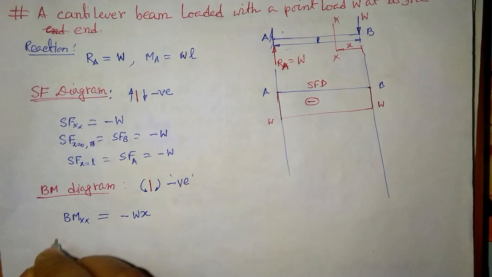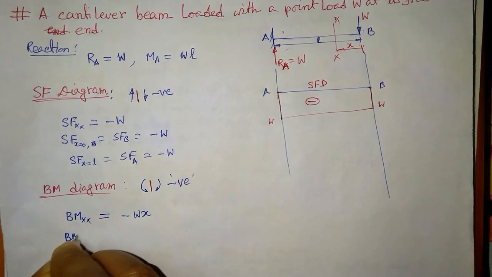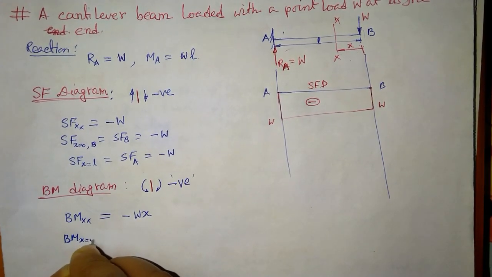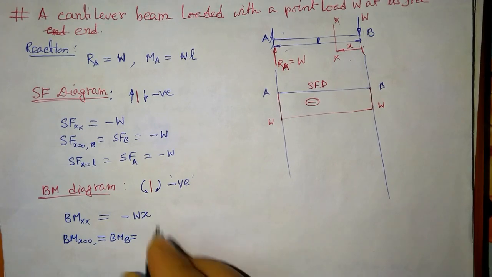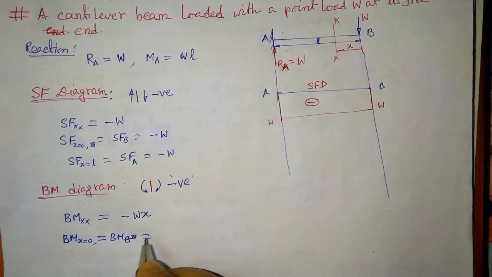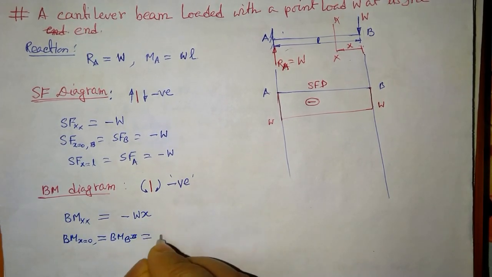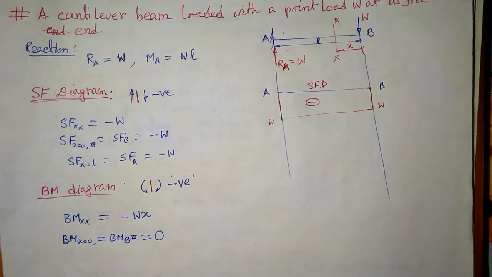Okay, so bending moment at x equal to 0 is the bending moment at B. And what is the value if we put x equal to 0? This will be 0.